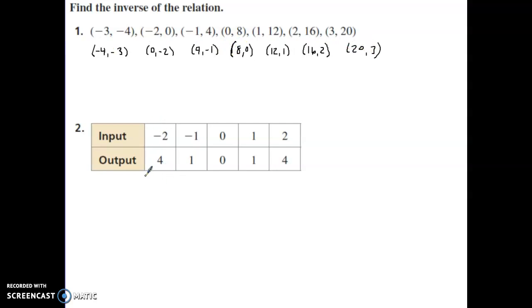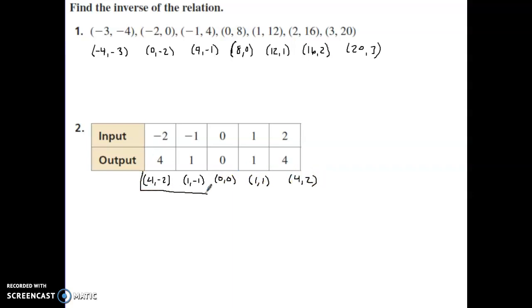In our second relation, my input would be a 4 and the output would be a negative 2 from this first set. Next, my input is 1, output negative 1, input 0, output 0, input 1, output 1, input 4, output 2.